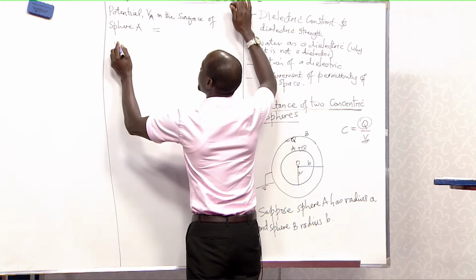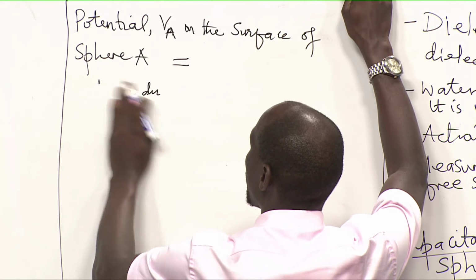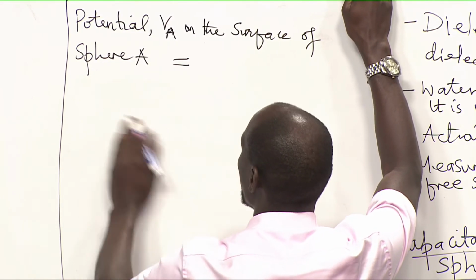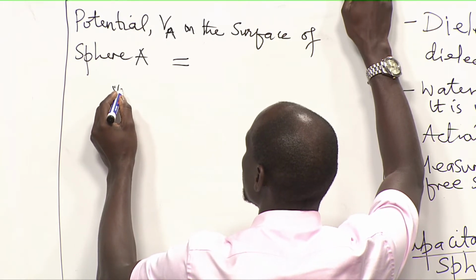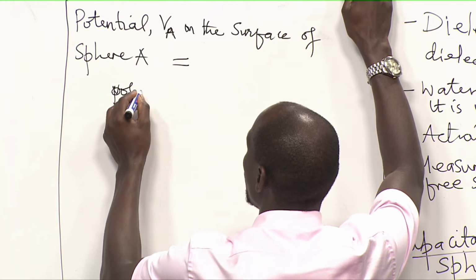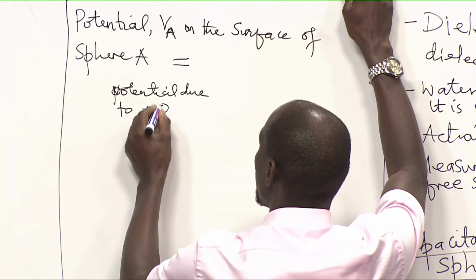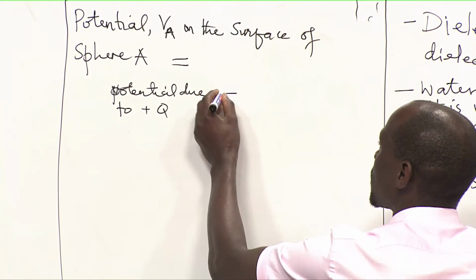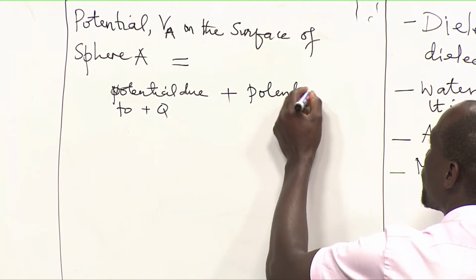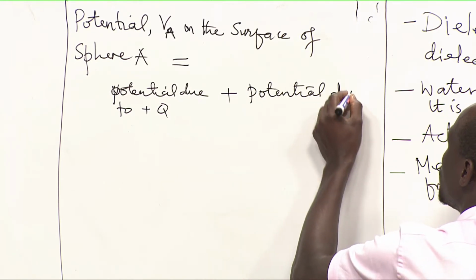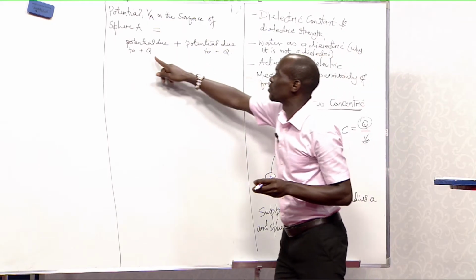So it will be equal to the potential due to the positive charge Q plus the potential due to negative Q. Now, what is the potential due to the positive charge Q?